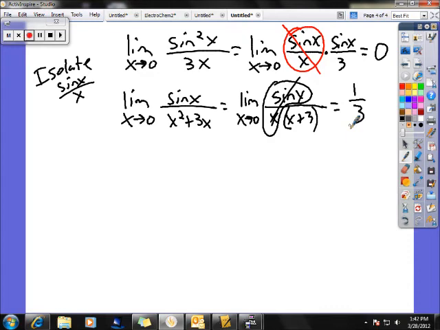Now don't forget, what does this 1/3 tell us? It's the y value where this function hits. It would hit a value of 1/3 at 0 if there wasn't a hole there.